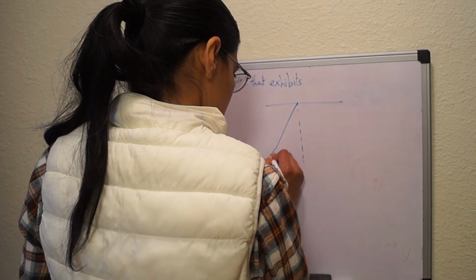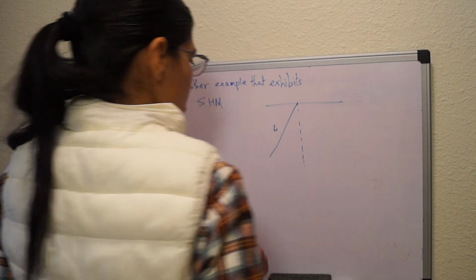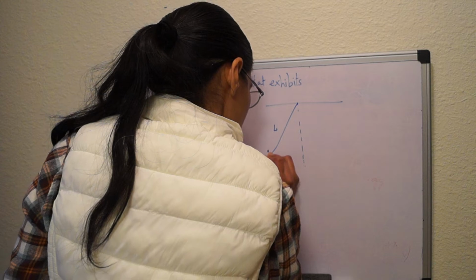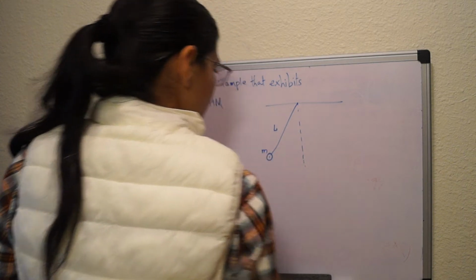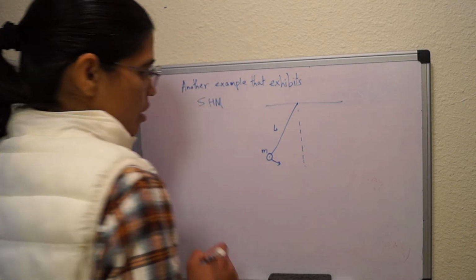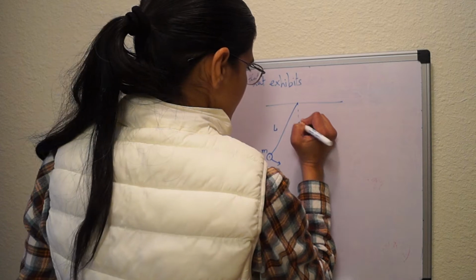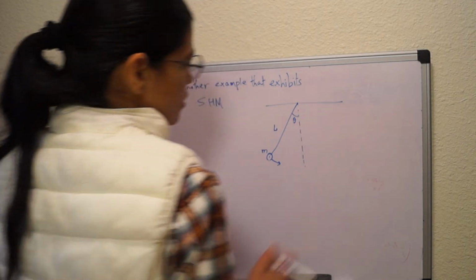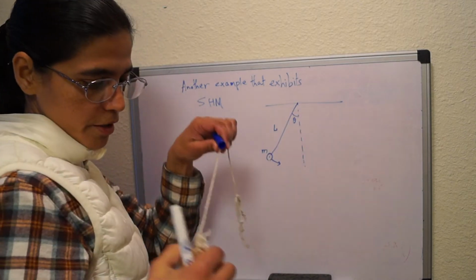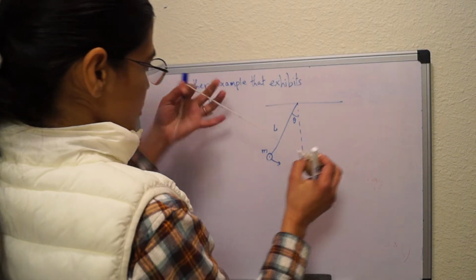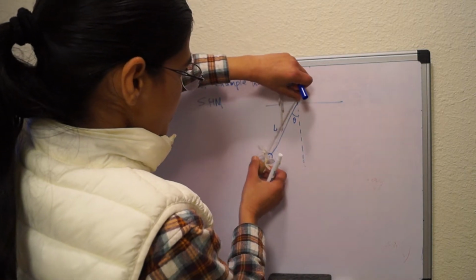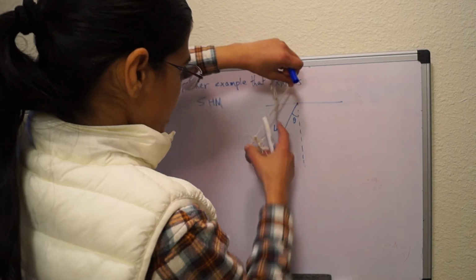This is the length L, and we are hanging some mass M here. It moves like this, and there is some angle theta here, the angle between this normal and the pendulum. Can you guys see this? It's like this basically. Let's make it almost in here, and then it goes here. So this is theta.